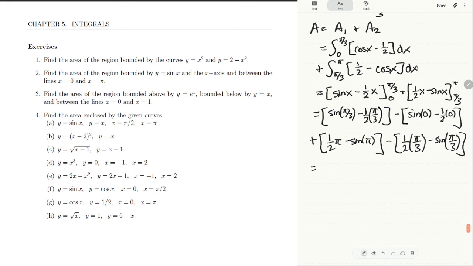Now the sine of pi over 3 is root 3 over 2. Then we have minus pi over 6 minus 0 plus 1/2 pi minus pi over 6 minus root 3 over 2.